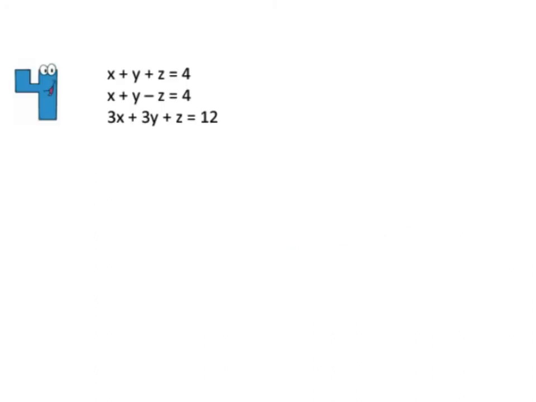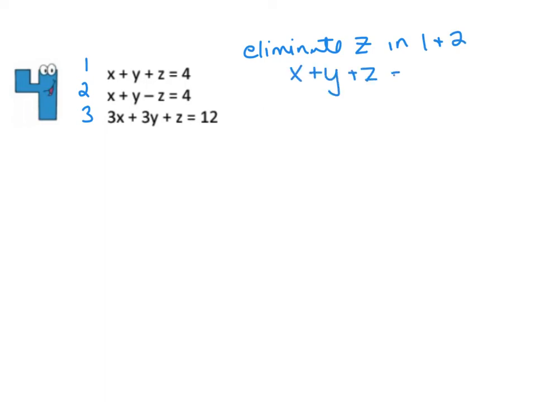In our fourth example, again, if I number my equations, I'm going to choose to eliminate z, because I notice that they're all z or negative z. Looks like it'll be the least amount of work in 1 and 2, which really just means I can just stack and add because they're already opposites.